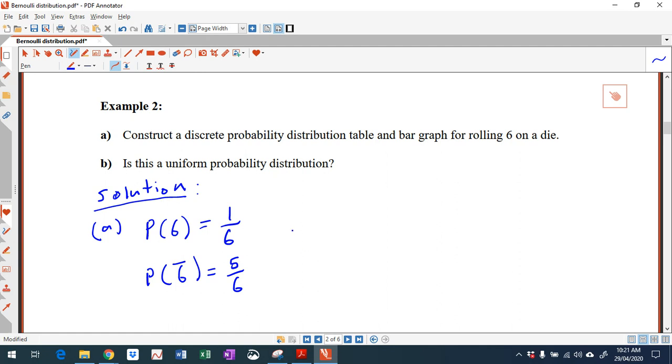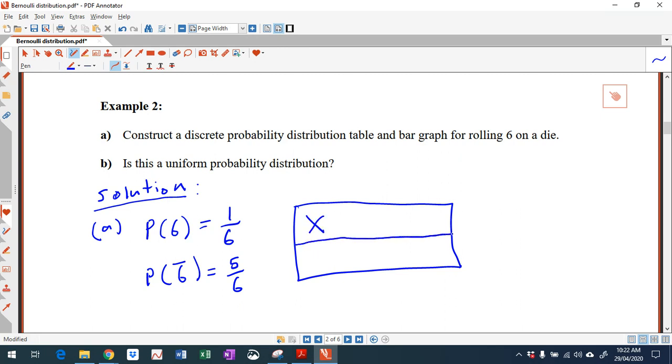So, what does our probability distribution table look like here? We're going to have x up the top and the probability of X equals x down the bottom. Remember we're looking at success and failure. So failure is 0 and 1 is success.